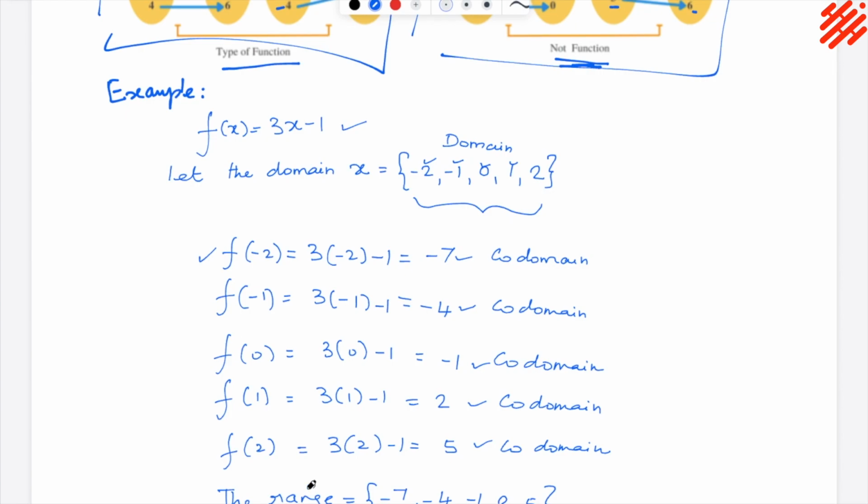So here each input, suppose -2, -1, 0, 1, 2, produces a unique output value. So there are no multiple mappings. So this comes under a one-to-one relation.